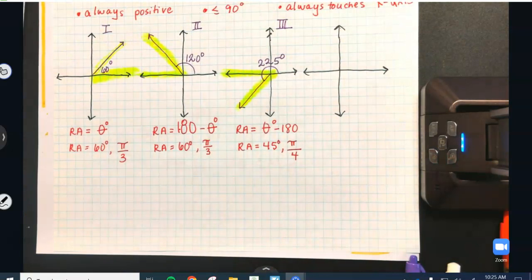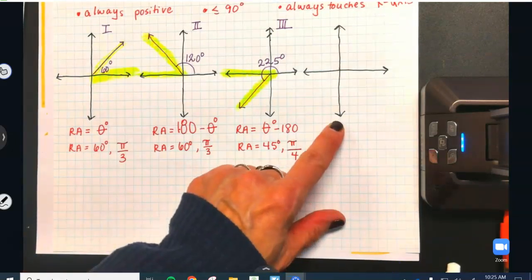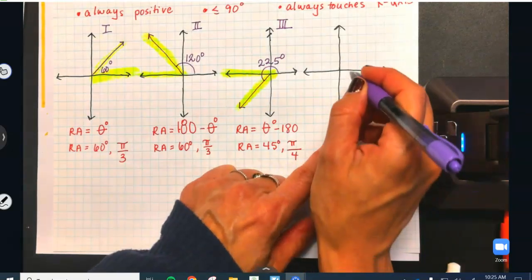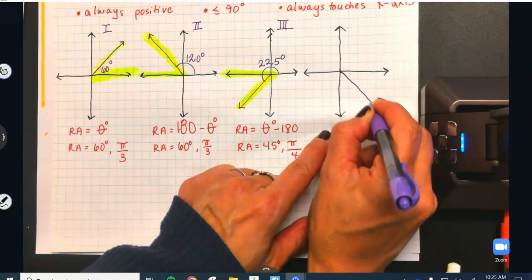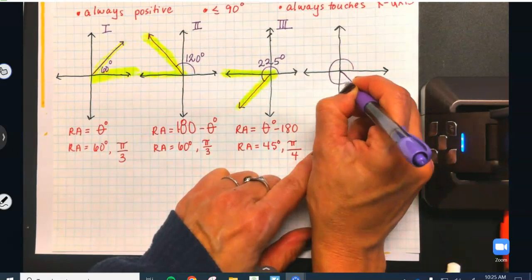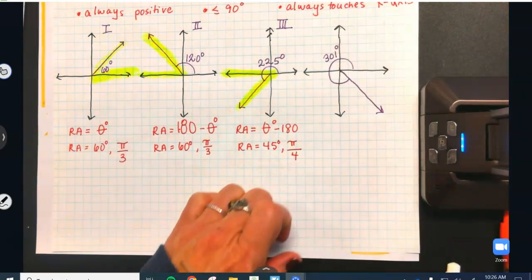All right, let's draw one in quadrant 4. Let's just make up something weird so that it'll be different. Let's draw a 301 degree angle. All the way around. It's 301 degrees.